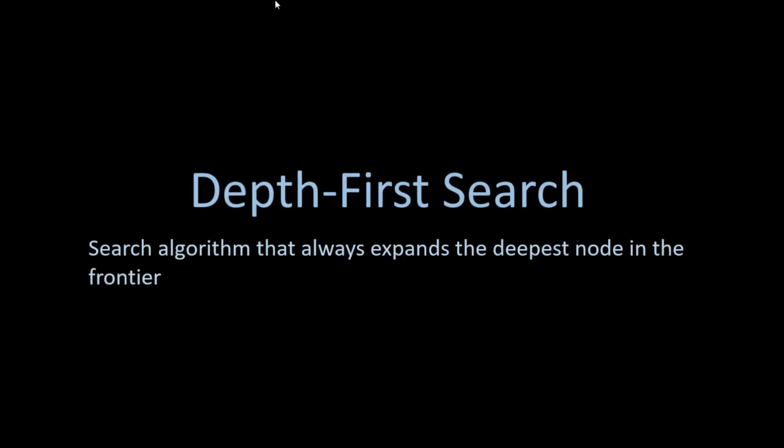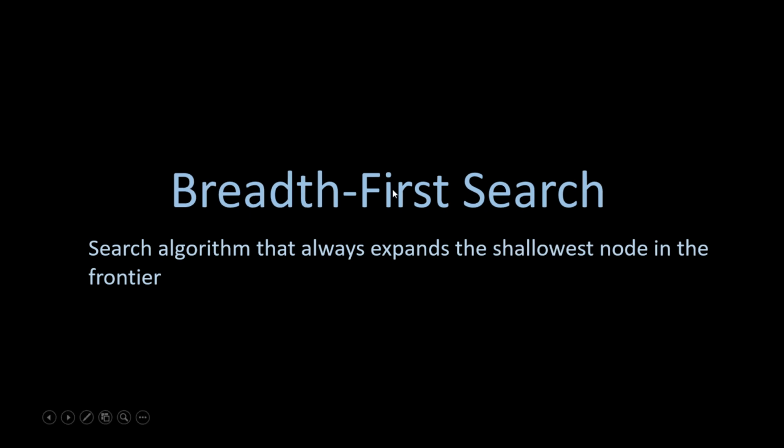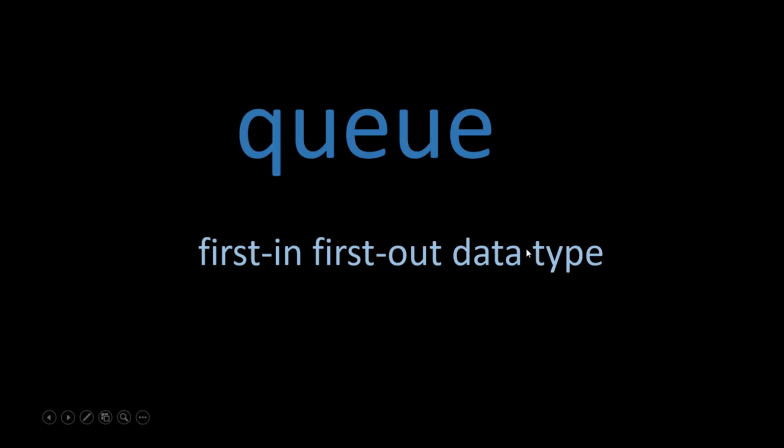So it's very interesting. But since we are already making a video about it, I'm going to show a different approach. And this approach is breadth-first, which is extremely similar, but just changes one thing. It always expands the shallowest node in the frontier, meaning that I use a different way.